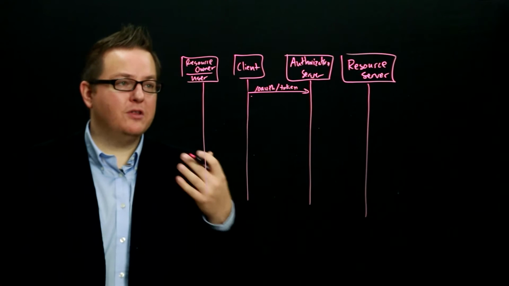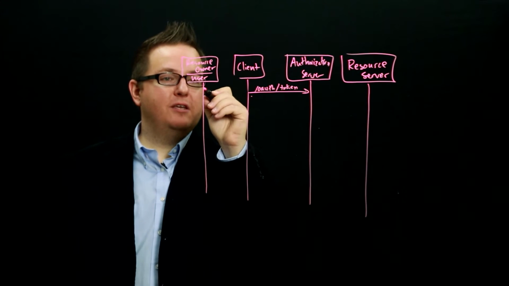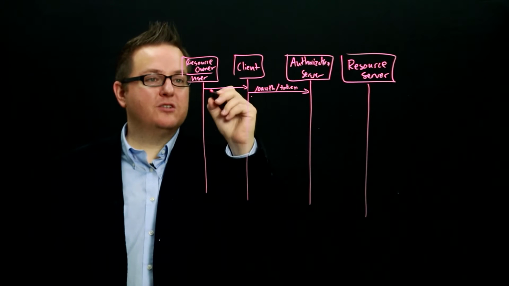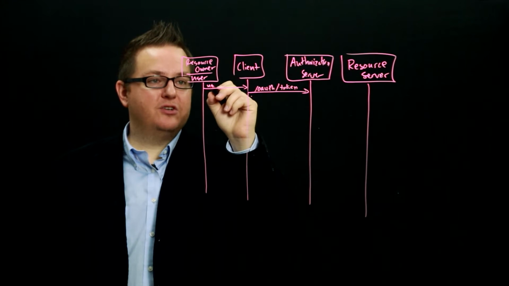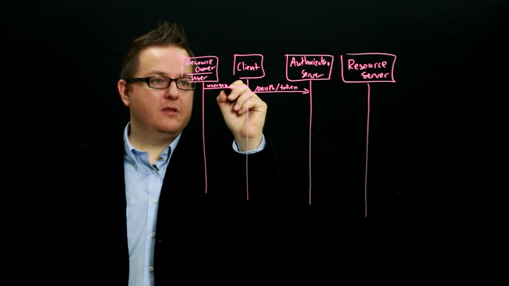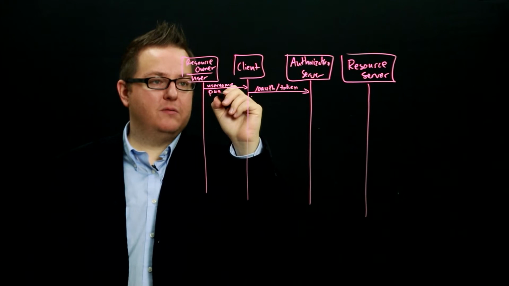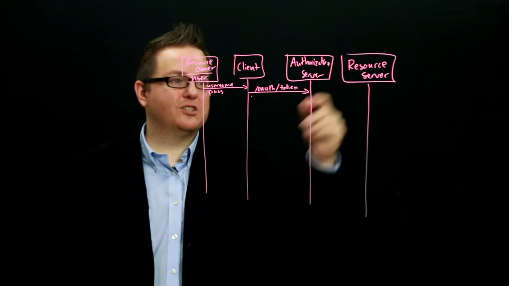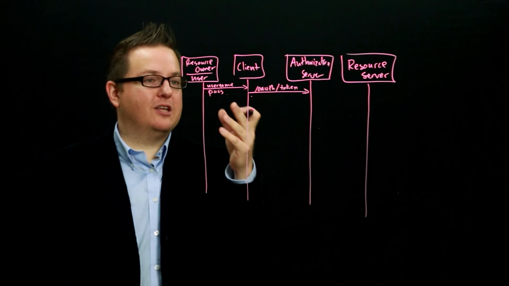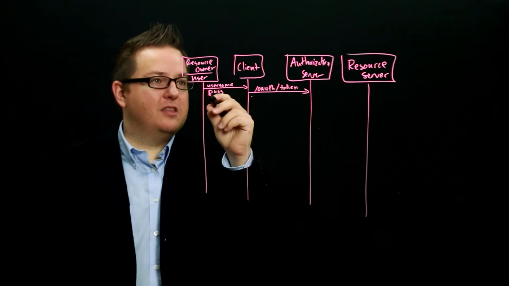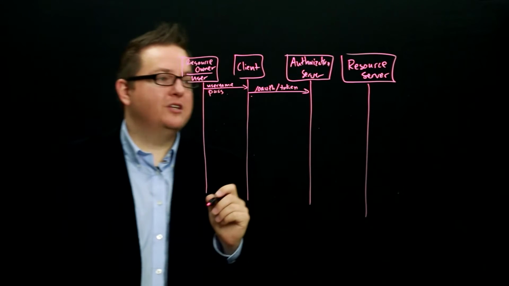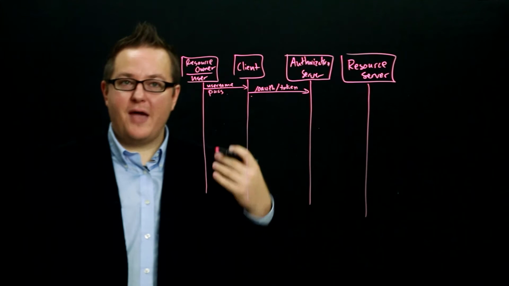Now, in the flow that we're talking about, we're going to be using a password grant. So the user is actually going to provide their username and password to the client, because we're building the client and we're building the service, so we trust our particular client. The client is going to do what's called a password grant.